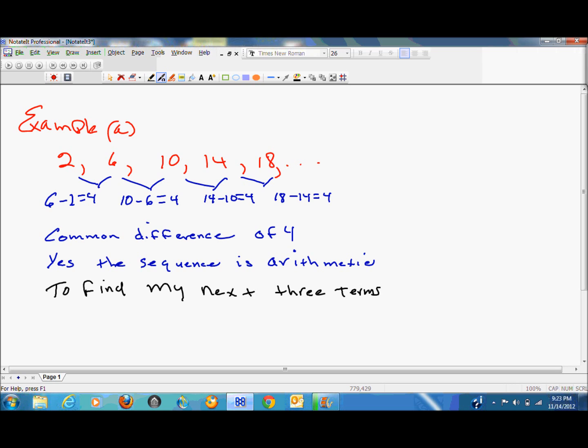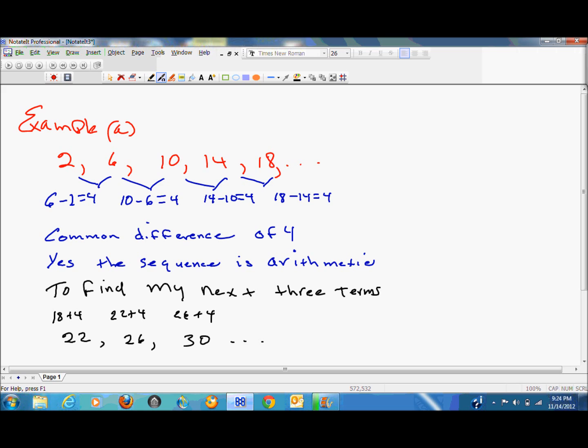What I'm going to do is just go ahead and add 4 to my last term. So that gives me 18 plus 4. That's going to give me a term of 22. Okay. Then I'm going to add 22 plus 4. That's going to give me 26. Then I'm going to add 26 plus 4, and that's going to give me 30.